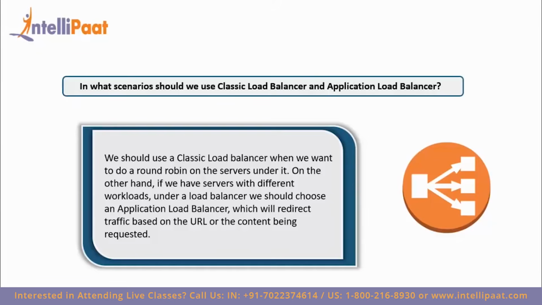And this is application load balancer. So whenever you are dealing with multivariate traffic, that is traffic which is meant for a specific group of servers, you would use application load balancer. On the other hand, if you have servers which do the exact same thing and you just want to distribute the load among them equally, then in that case you would use a classic load balancer.